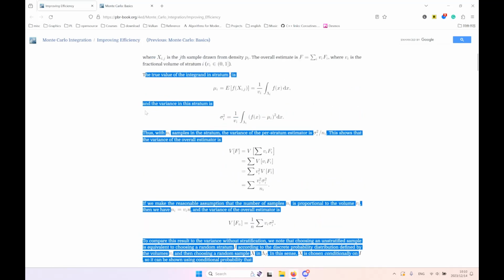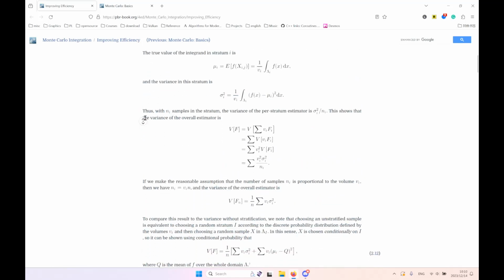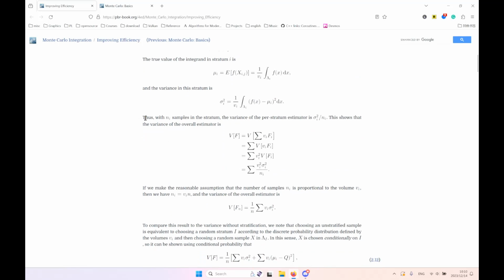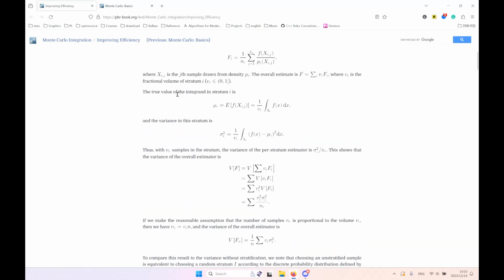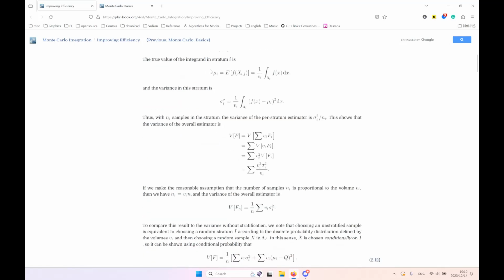But to be honest, I got confused about this part. So is this just saying, okay, we have many subsections of our total sampling area, and we want to make sure to sample the areas that contribute the most?